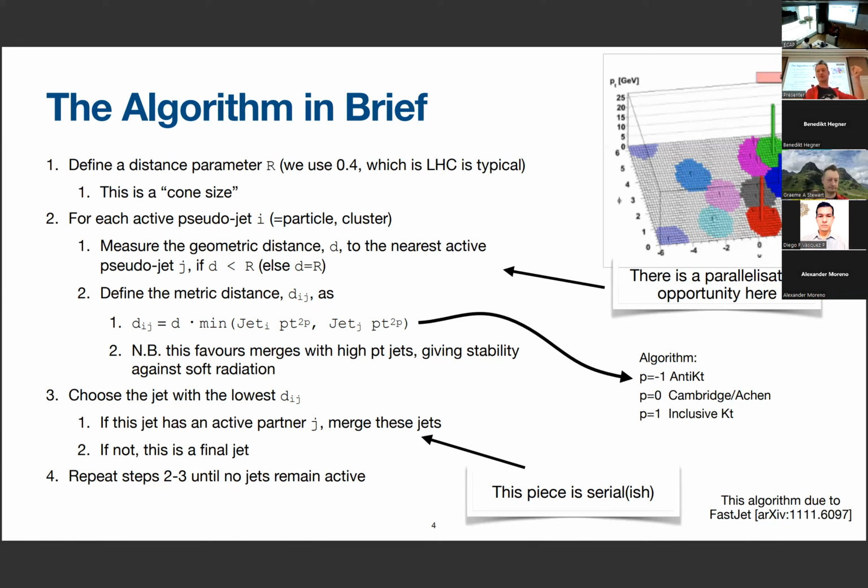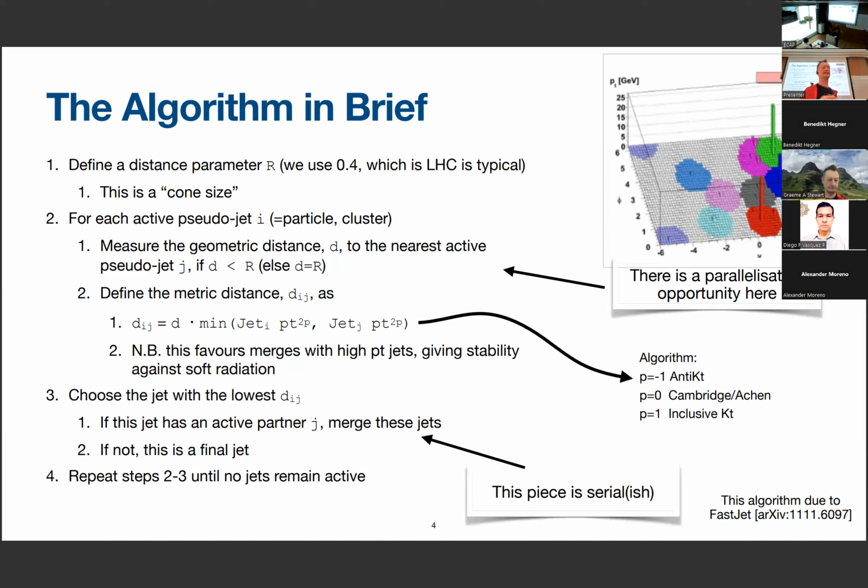Once there's nothing else that you can merge, this is my jet, and you keep doing this until you have nothing left. This is quite a nice algorithm, because I'm doing lots of jets in parallel and they don't depend on one another, so there are parallelization opportunities. But in step number 3, I have to find the global minimum.